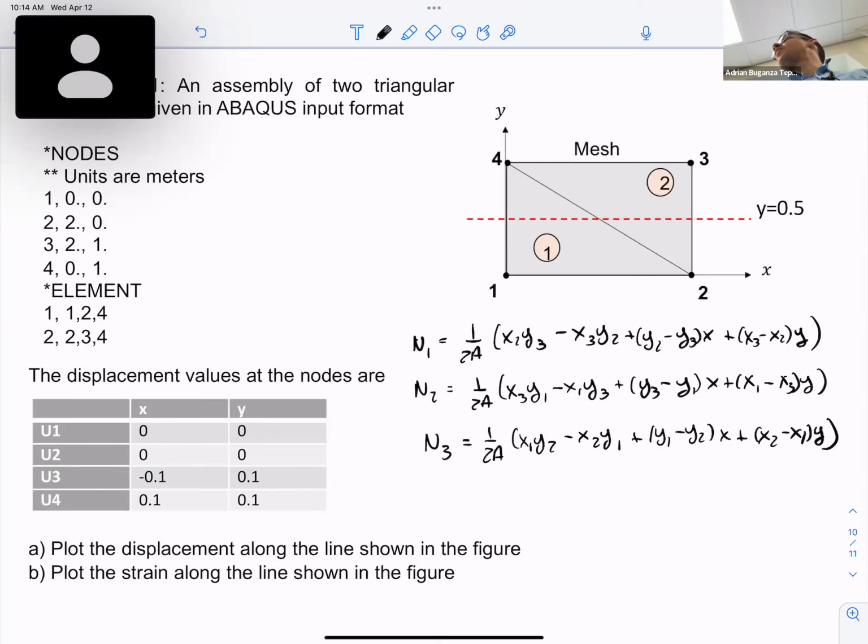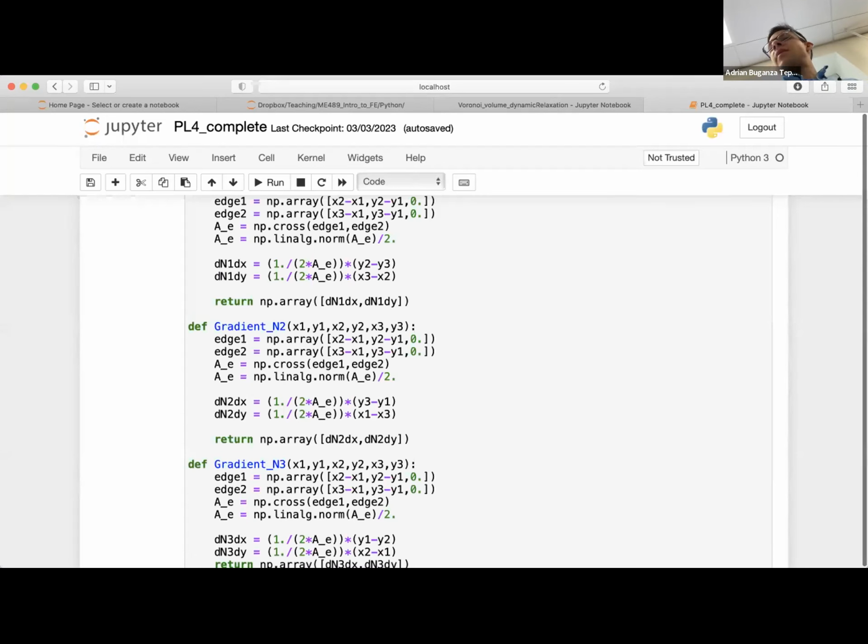All right, I'm going to share my screen. Oh, wait, why is this?